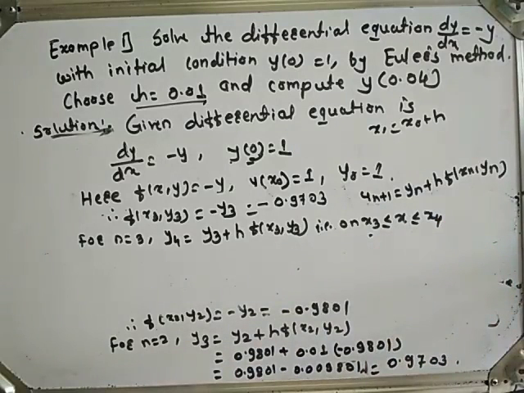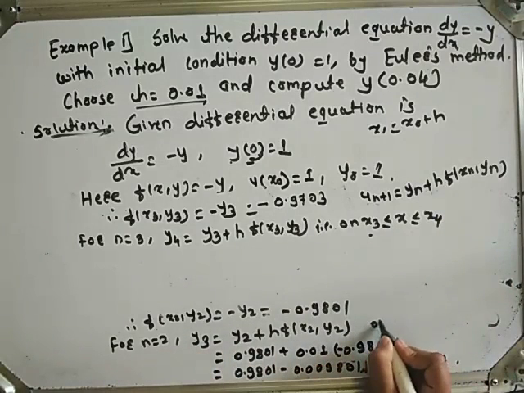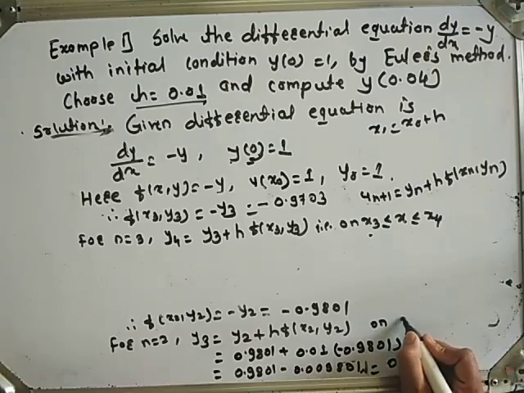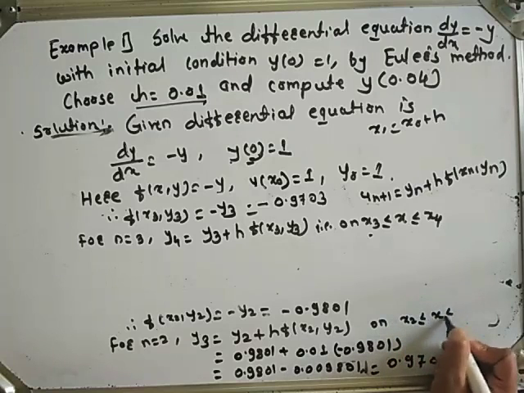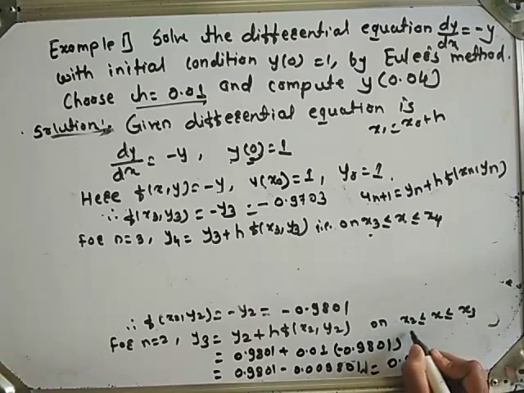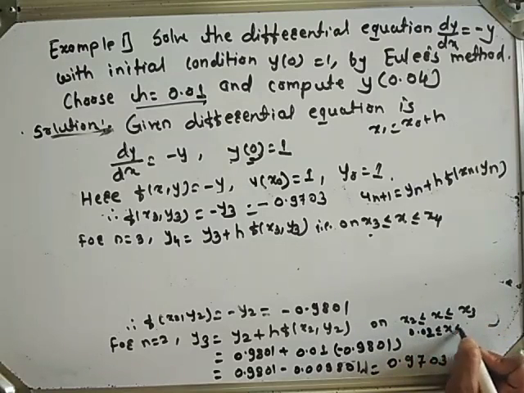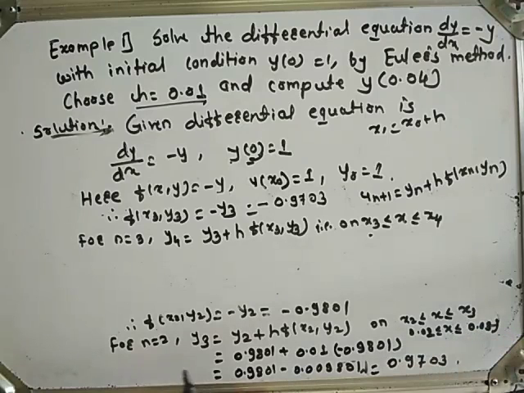What is the value of x3? Students, this is on x2 less than or equal to x less than or equal to x3. x2 is 0.02, which is less than or equal to x less than or equal to 0.03.